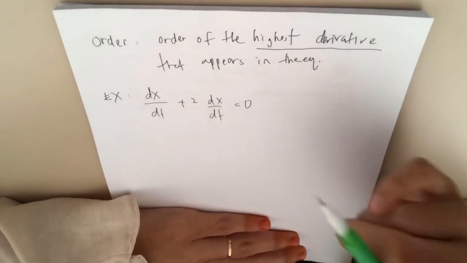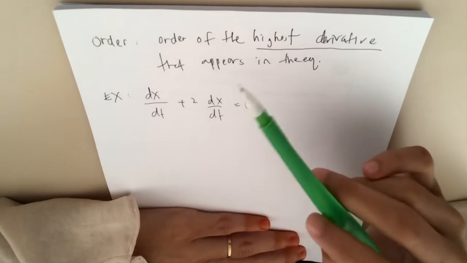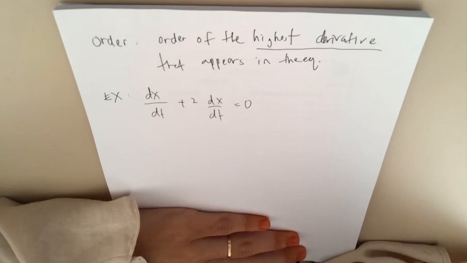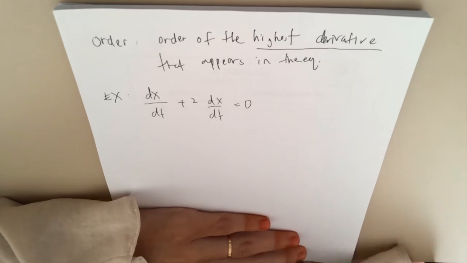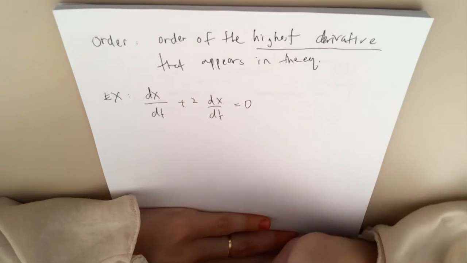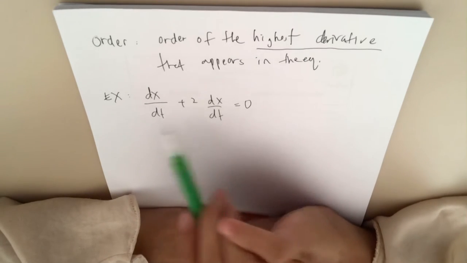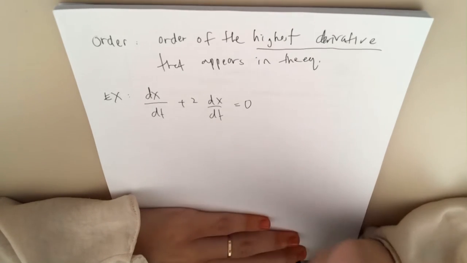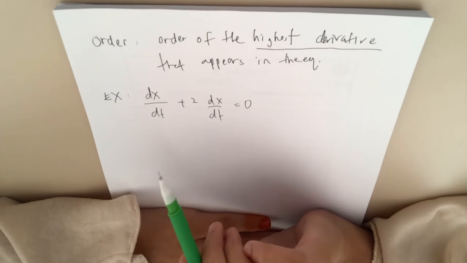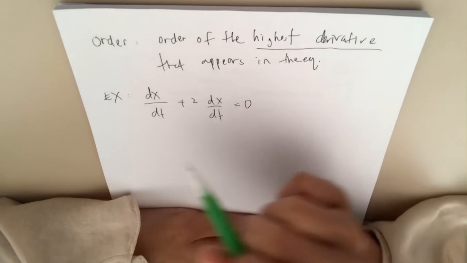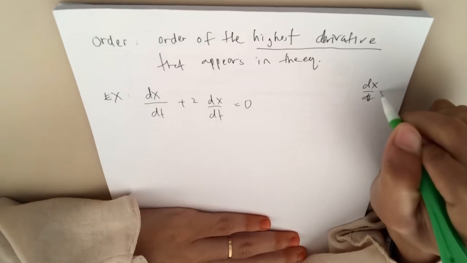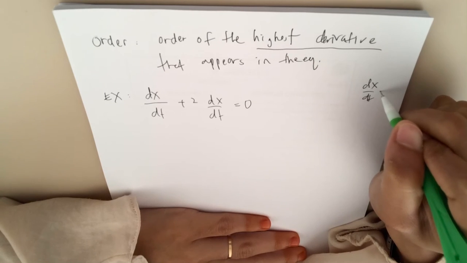Okay, so back to the meaning. The order is the highest derivative. Derivative, pembezaan, not power. So dx/dt, dx/dt. You can see between these two, what's the order? What's the derivative involved here? Is this the first derivative? dx/dt, you need to differentiate. dx/dt is the first derivative.